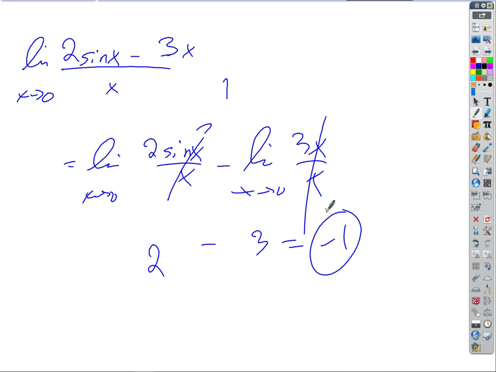So then if we had some one-sided limits, what if I gave you something like this? What if we did the limit of... I'm going to make a hard one here.